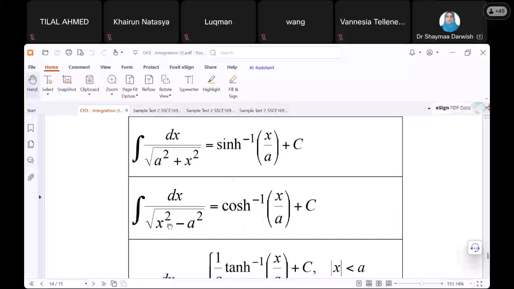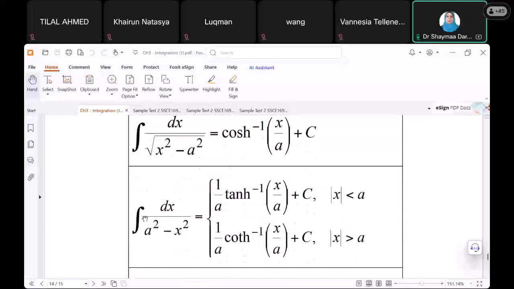This is the more general formula. If a equals 1, you will have cos inverse x. Here, if a equals 1, you have sine inverse x. The integration of 1 over a squared minus x squared equals 1 over a tangent inverse x over a, or 1 over a cos inverse x over a plus constant, if modulus x is less than a or modulus x is greater than a. If a equals 1, then we have tangent inverse x.